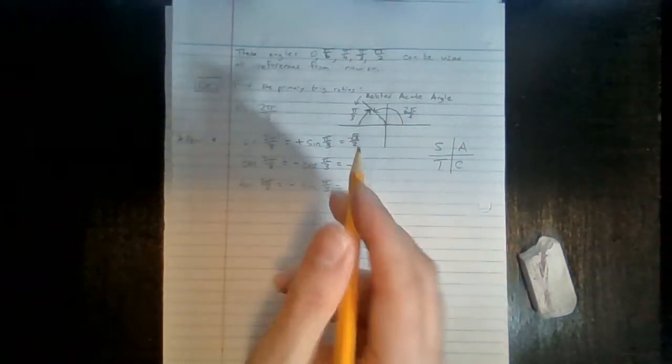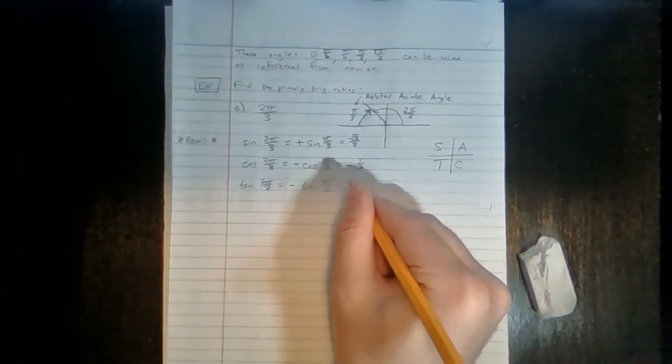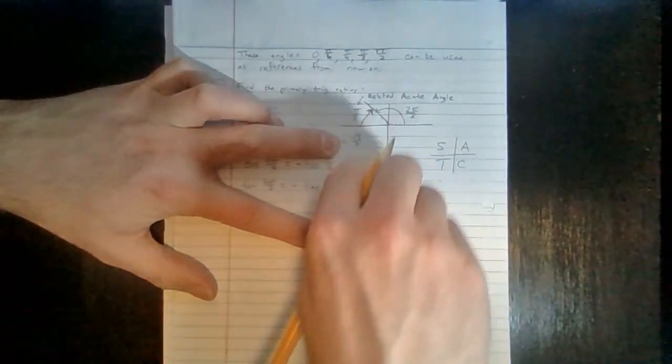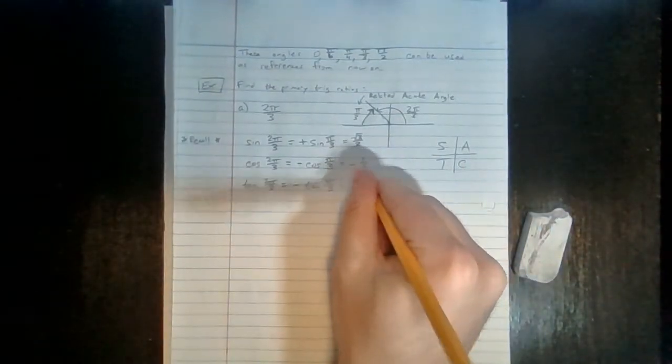Tan of pi over 3, our opposite, was root 3. Our adjacent was 1. So tan of pi over 3 is root 3, and we had a negative sign in front. So that's going to equal negative root 3.